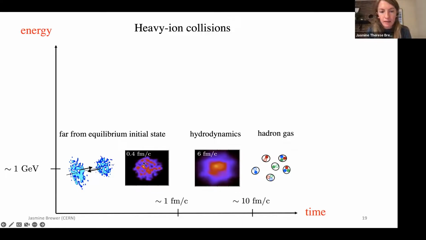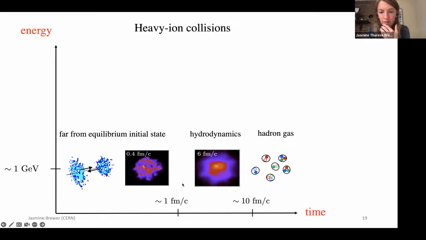But actually relatively quickly, within a half or 1 Fermi over c, depending who you ask, this very far from equilibrium state undergoes sufficient equilibration with the rest of the particles around it to bring it close enough to equilibrium that you can describe the subsequent evolution of this matter with hydrodynamics.